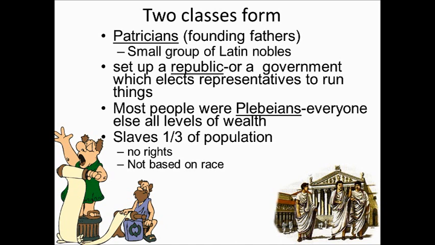The only real distinction was the slaves wore a rope necklace that had a metal tablet at the end that described what their job was, who they might belong to. Slaves had no rights, obviously, but I did want to point out that slavery was not based on race in ancient Rome. Usually they were people who were sold into slavery or from conquered territories.